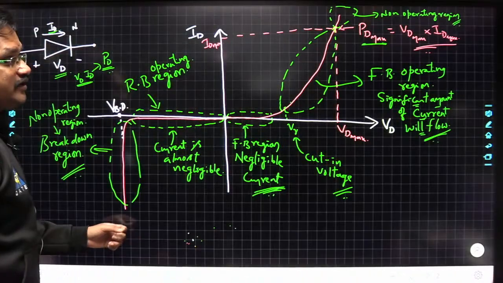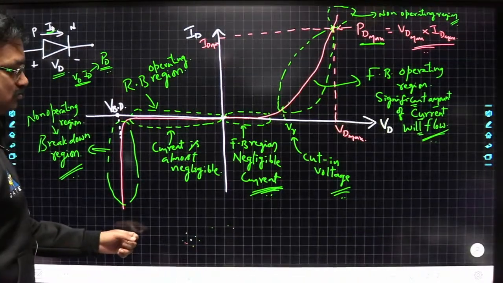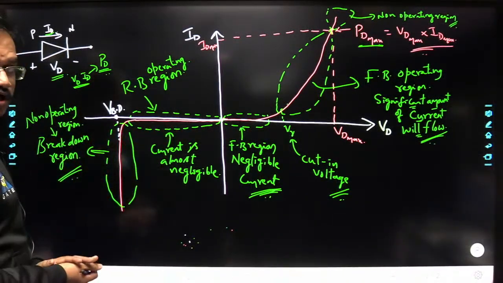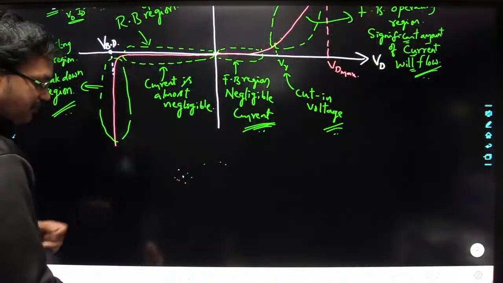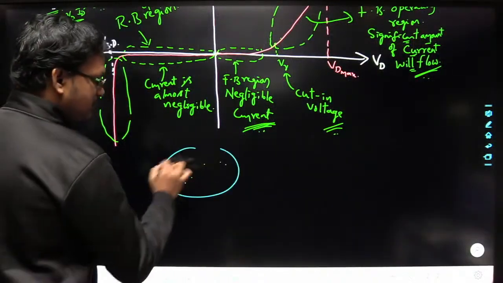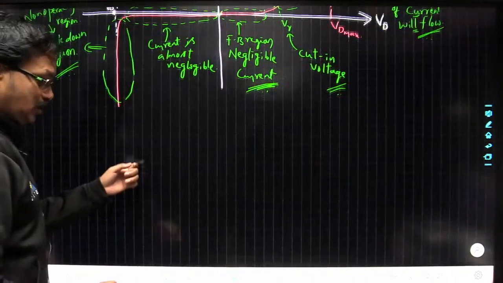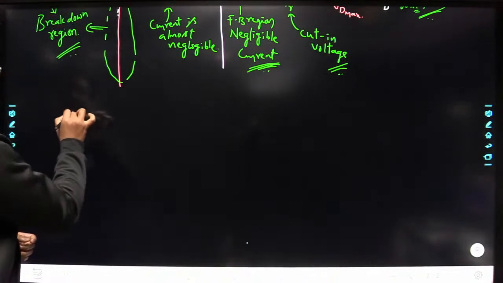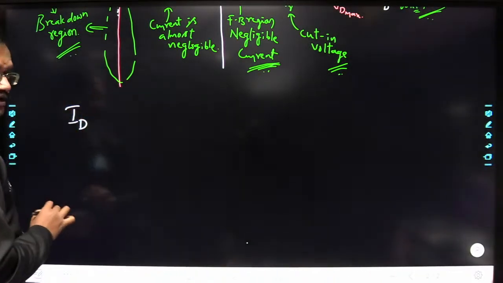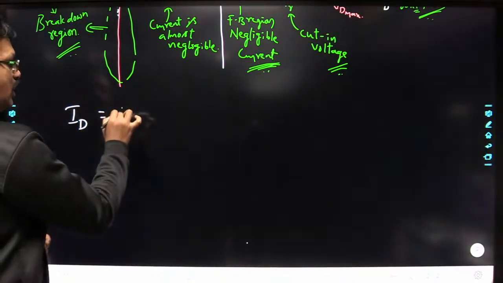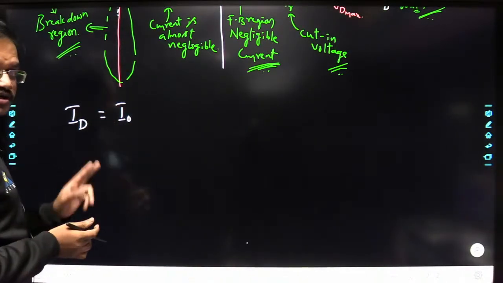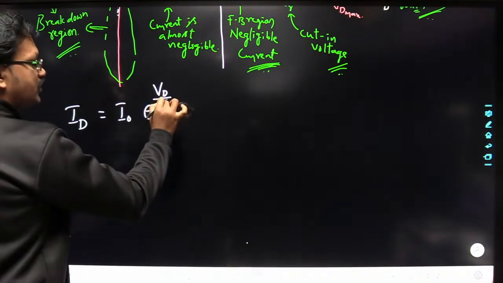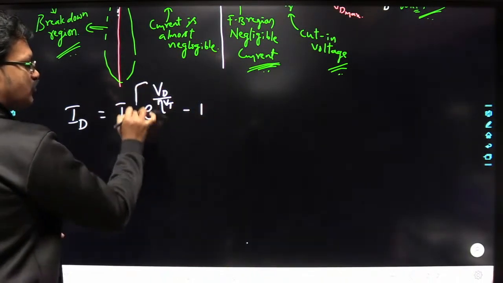Now see here. This is the graphical analysis I have given here, ID versus VD. So mathematically, how are these two related? Tell me. We know that ID, the diode current, is given by I naught, some reverse saturation current, into e power VD by eta VT minus 1.